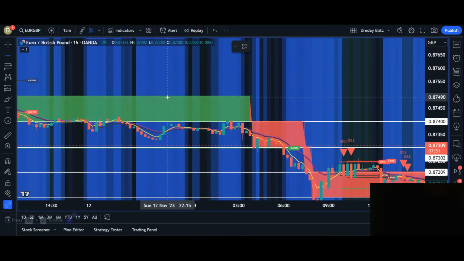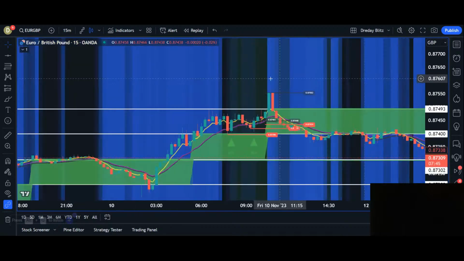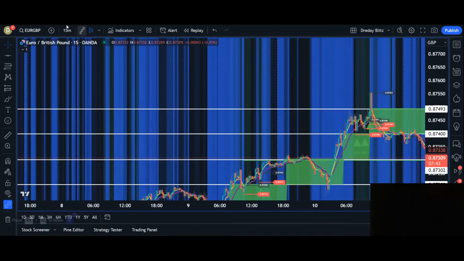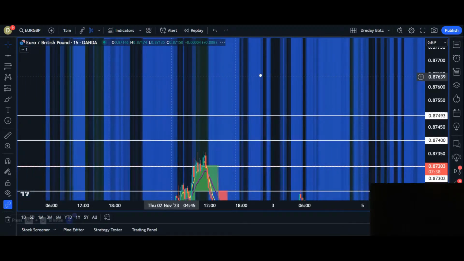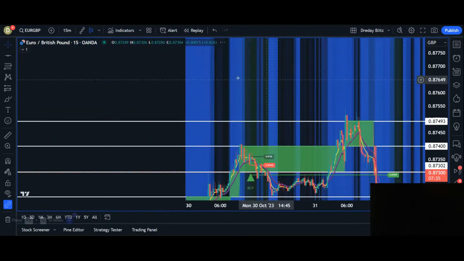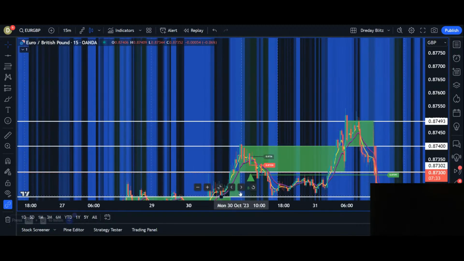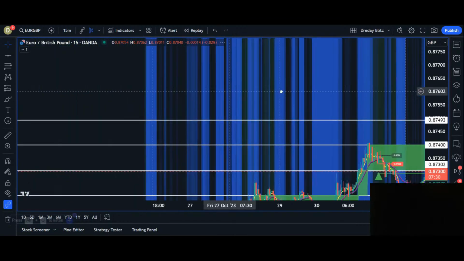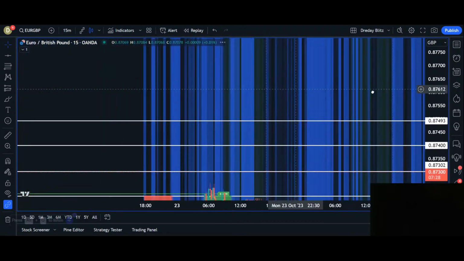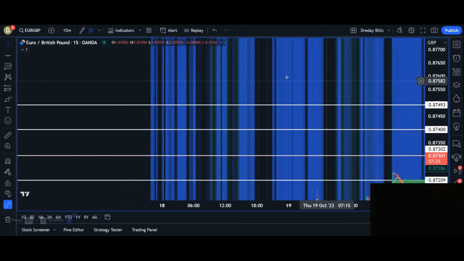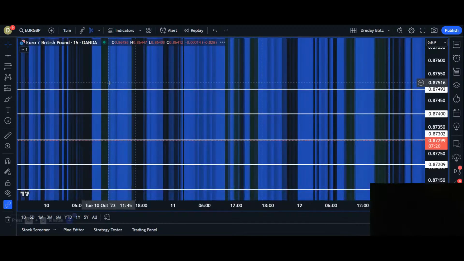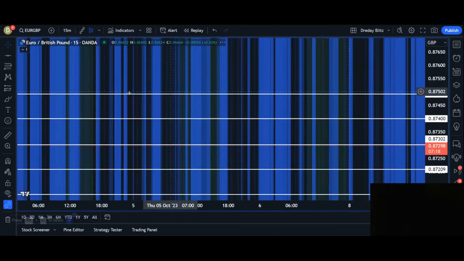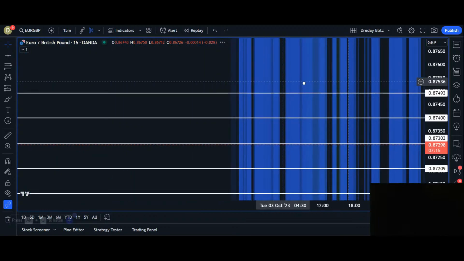This one. And let's go into the past and see if we have another zone. Yeah, you see, it always respects the zone. It always goes to the same zone. Let me see if we have any zones in the past that went higher than that.